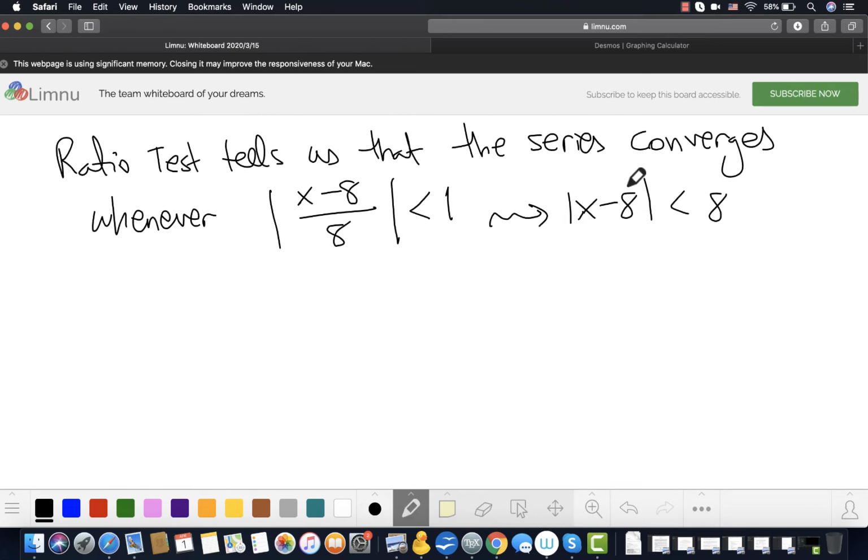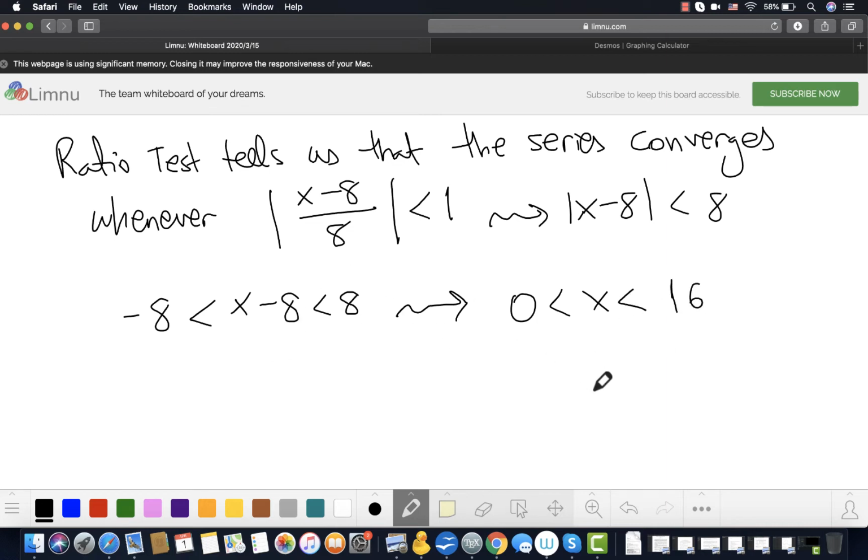Every time you have something in absolute value being less than 8, it means that the quantity inside the absolute value is less than 8, but also bigger than minus 8. You can simplify this further by adding 8 to all sides of the inequality. So 8 minus 8 becomes 0, x minus 8 plus 8 becomes x, and 8 plus 8 becomes 16.